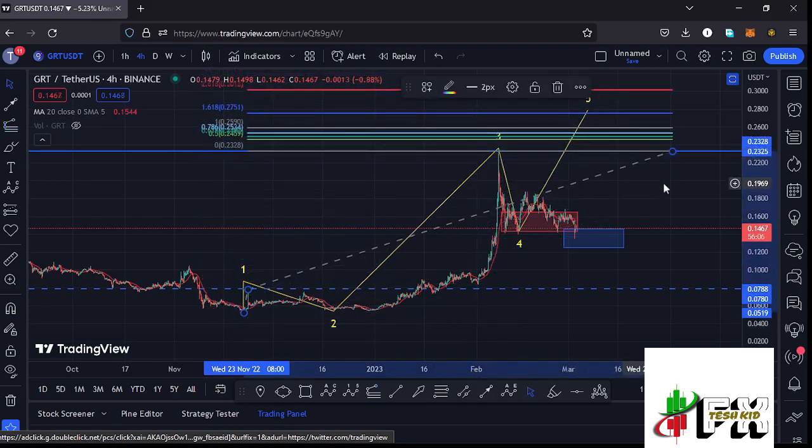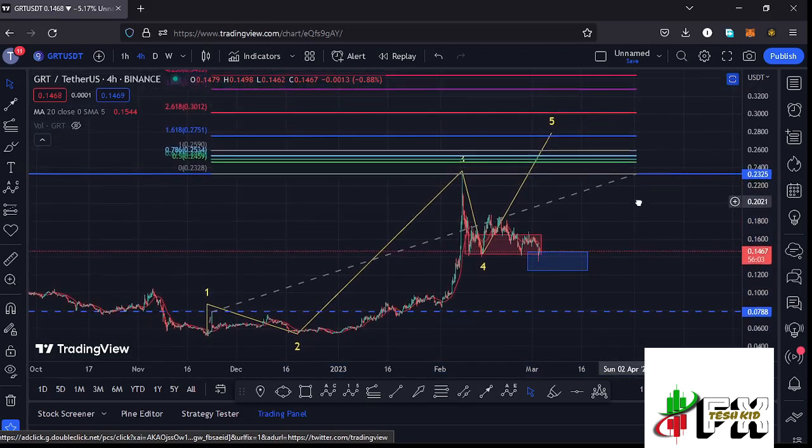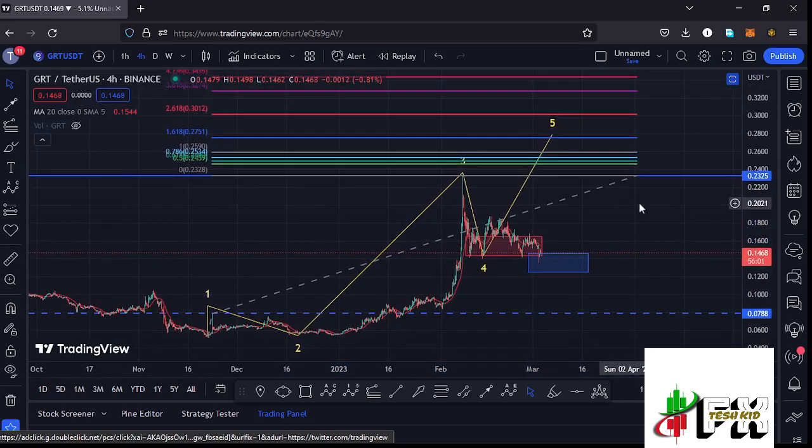That gave me a minimum target area to the upper side in the formation of that wave 5 at the fib level 1.618, and that is at around the $0.2751 mark, and that is the minimum that I'm expecting GRT to do on the long-term scenarios.